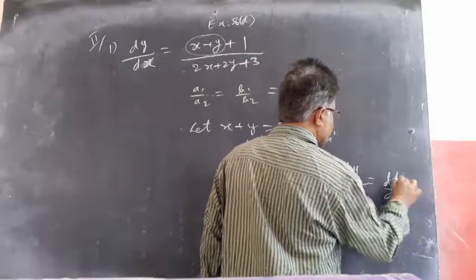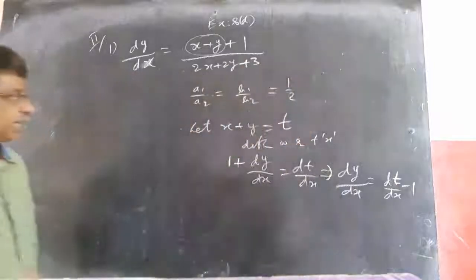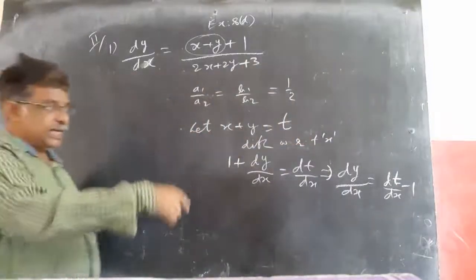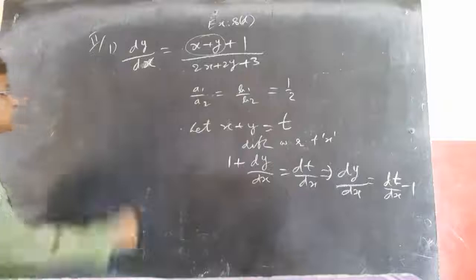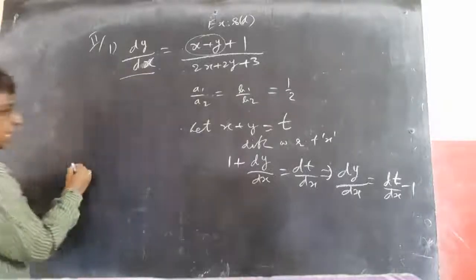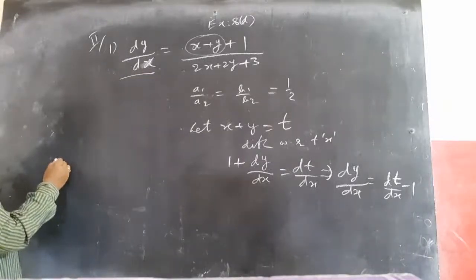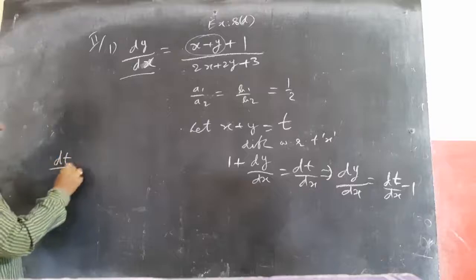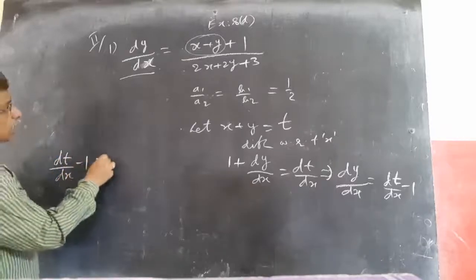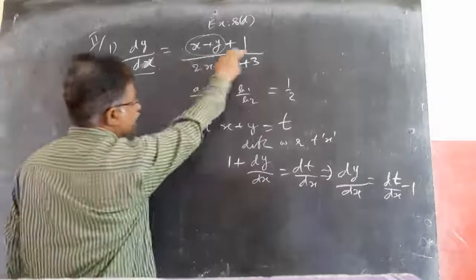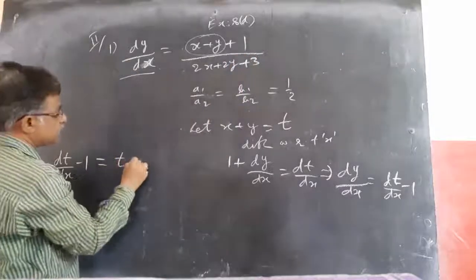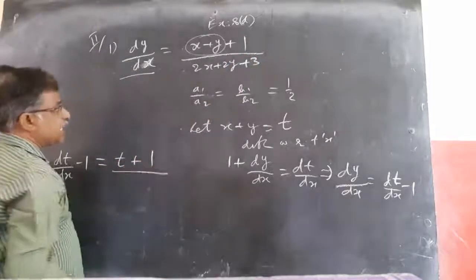Wherever dy by dx is there, we will write dt by dx minus 1, and instead of x plus y, I can write t. So the equation becomes t plus 1 by t plus 1 by t.